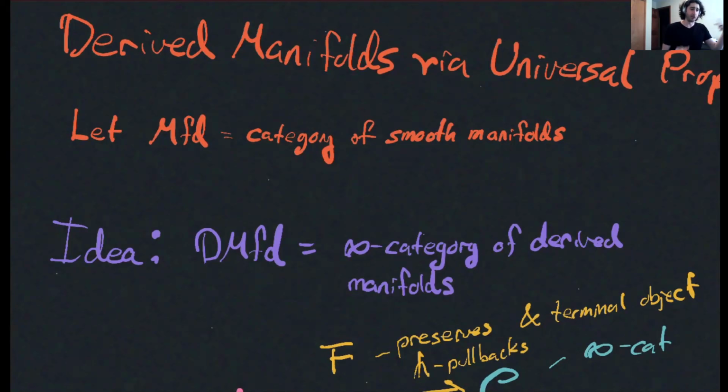If you have a transverse pullback of manifolds, it's still a transverse pullback of derived manifolds. So it's still a pullback of derived manifolds. But it turns out that to have this behave correctly with respect to cohomology, you need to have a higher category structure for derived manifolds. It can't just be a one category.